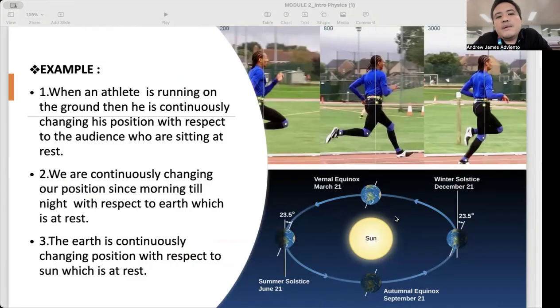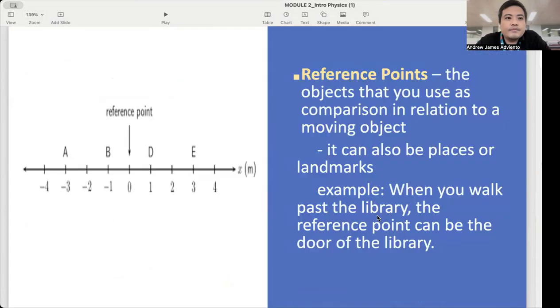Motion always depends on what you are comparing the object to. A reference point is an object or place used to determine whether something is moving. For example, if you walk past the library, the door can serve as your reference point.